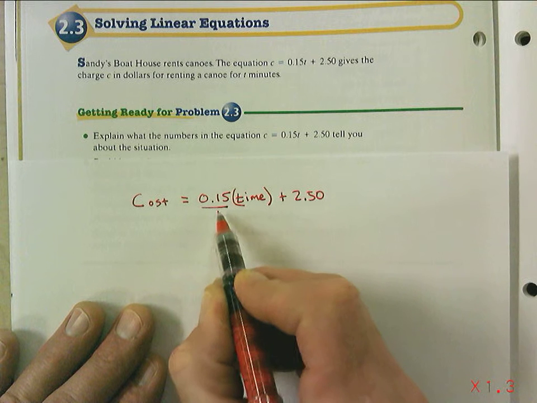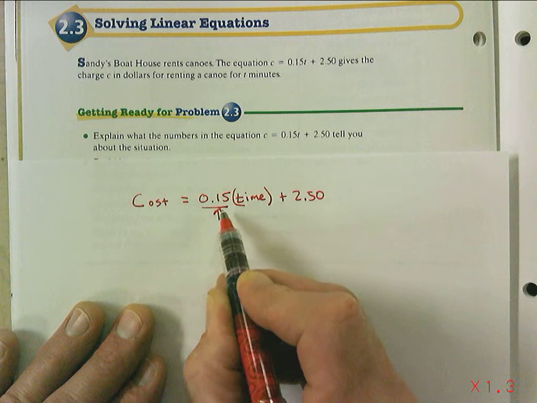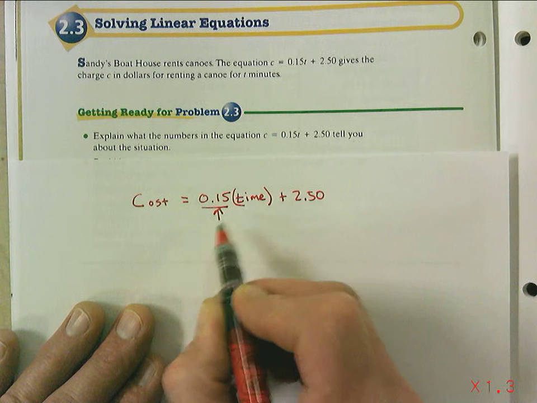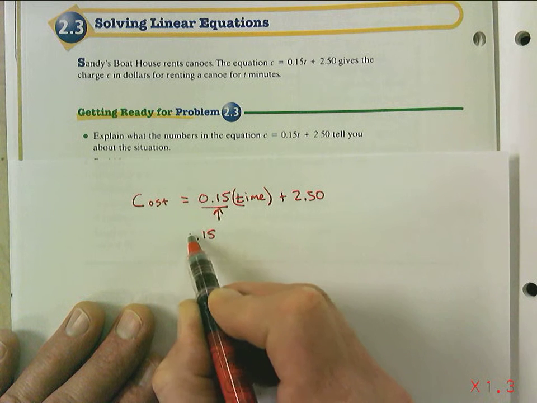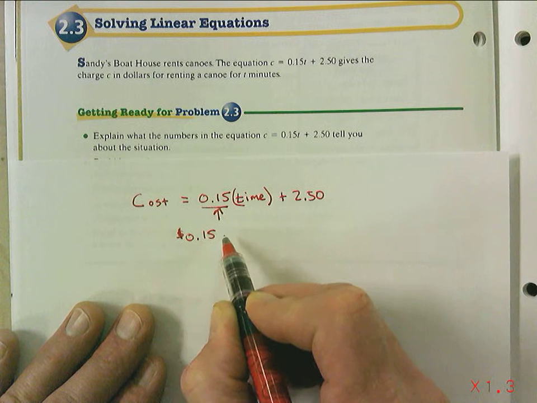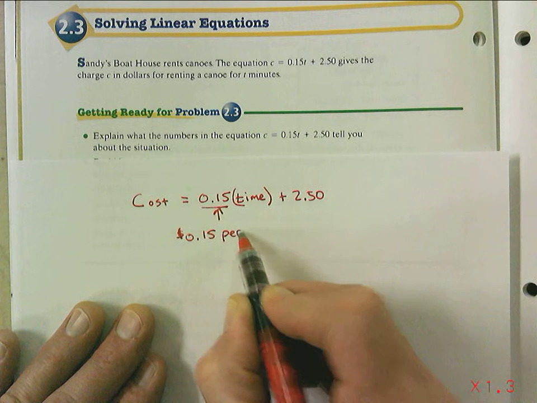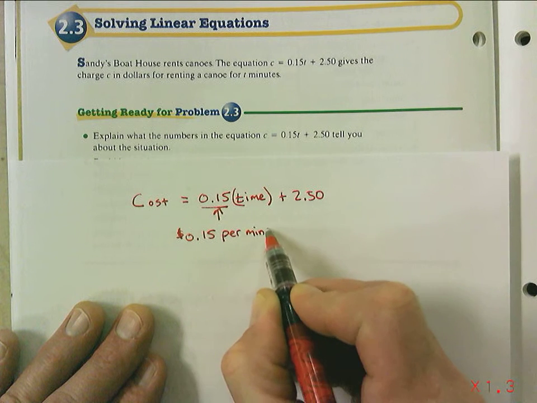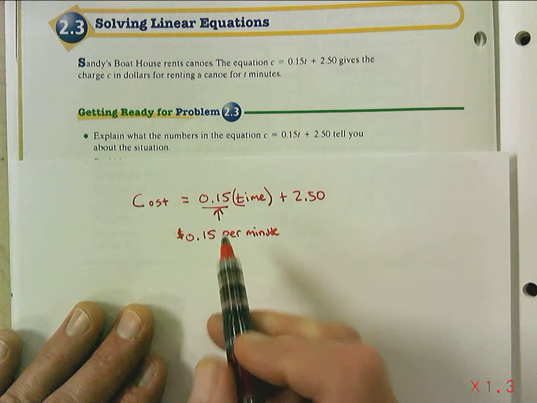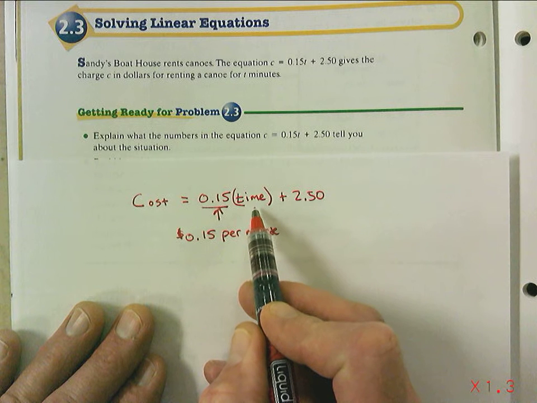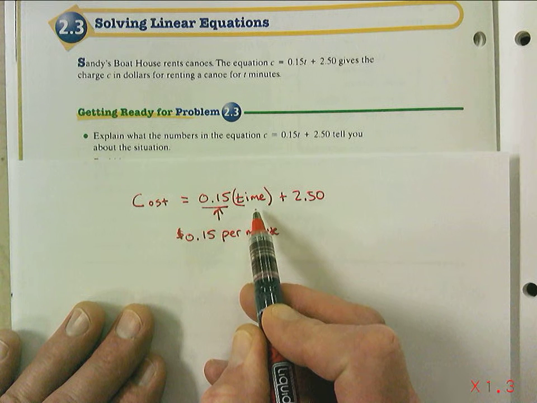So it would make sense to think about 0.15 times time as 15 cents, or $0.15, per minute of canoe rental time. So the 0.15 represents a unit rate, which is typical of the slope, or the number that multiplies whatever the variable is, in this case time.